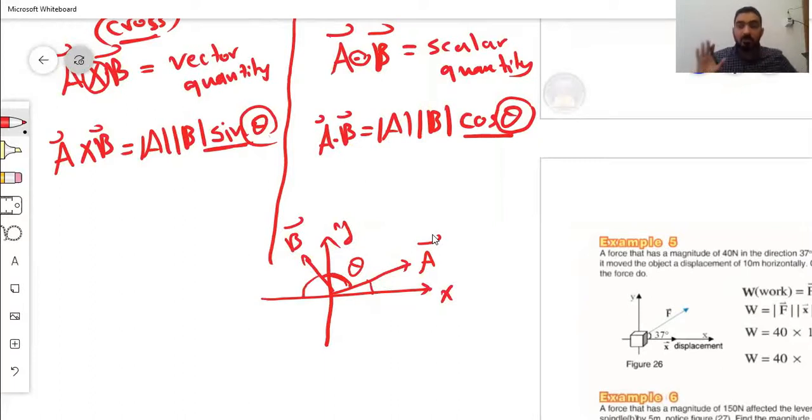Focus on this point. Theta is the angle between vector A and vector B.